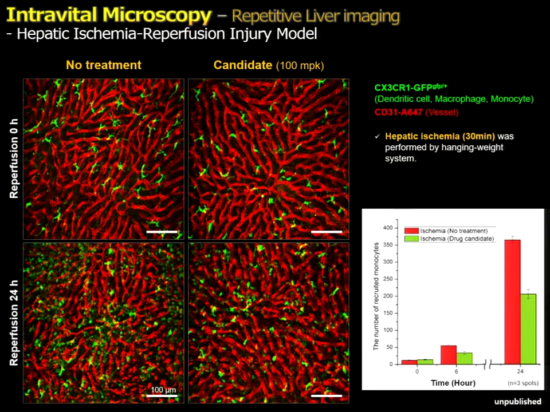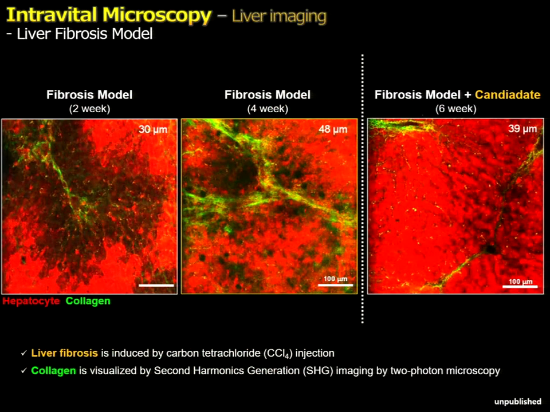So this is a very good example: we can use the intravital microscopy technique to monitor the efficacy of a new drug candidate in a very detailed manner at the cellular level in a single mouse model. That was just 24 hours, and we can do this kind of observation for a much longer time, up to 6 weeks, and monitor the fibrosis in these cases.